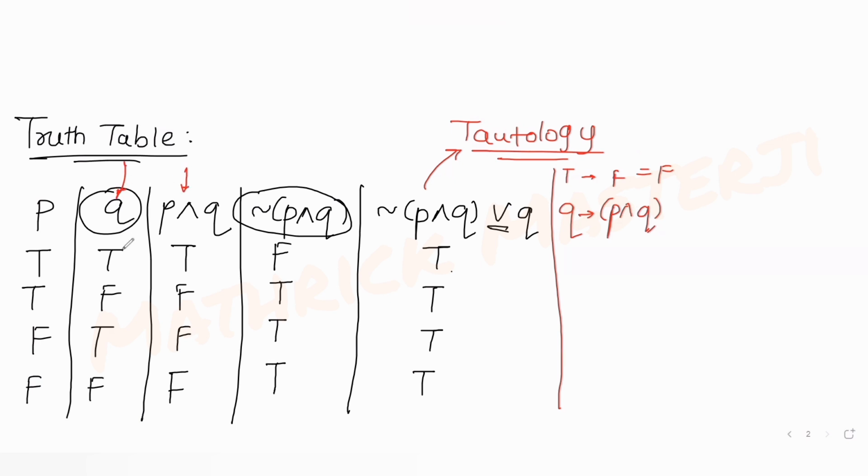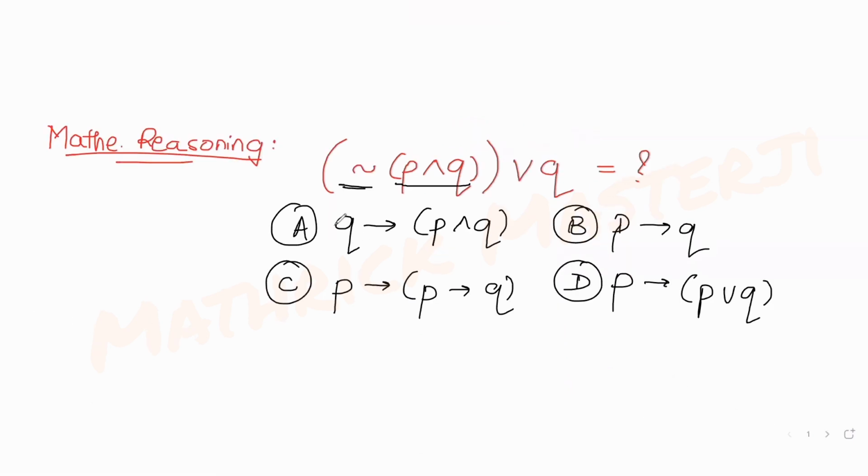So we have these two columns. T and T gives T, T and F gives F, F and F gives T. I do not get all the truth values as T here. So this is definitely not a correct option. A is gone, so I can cancel option A.